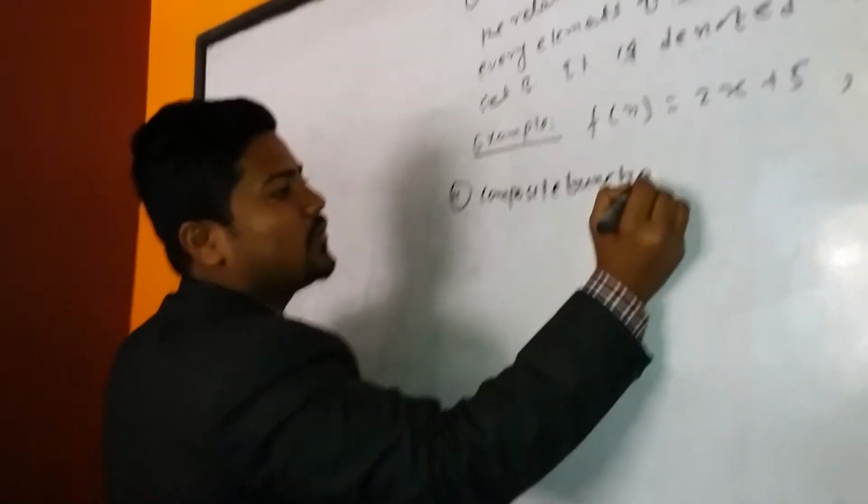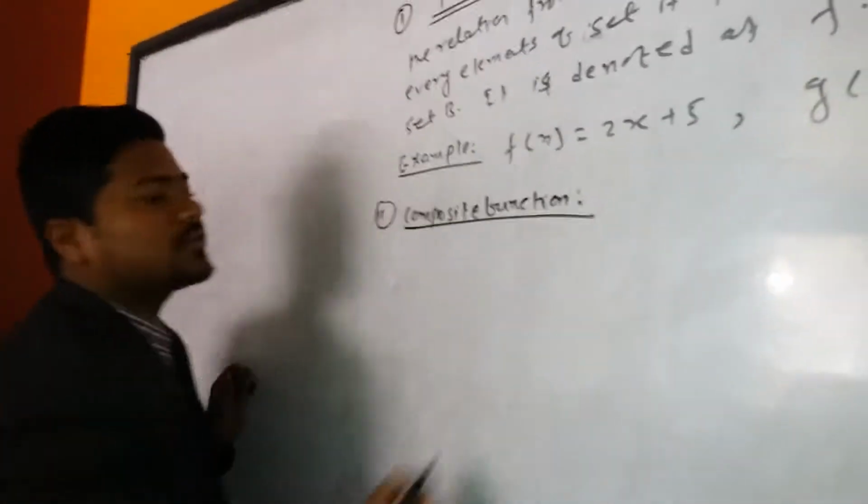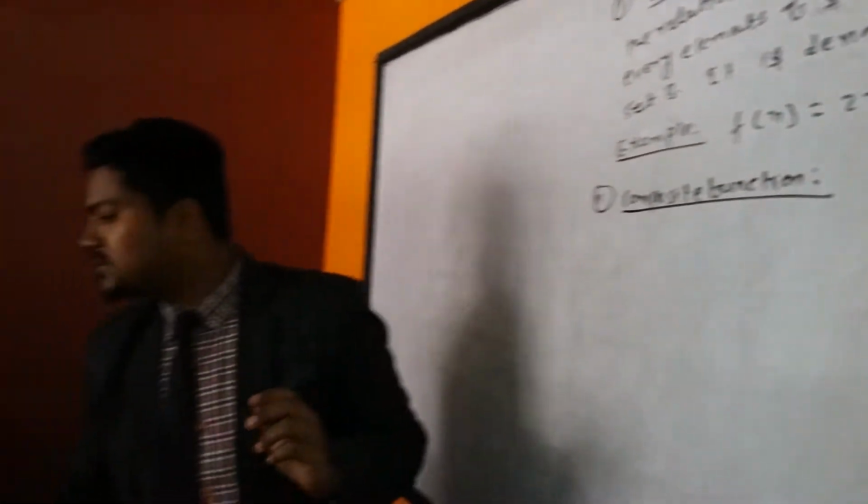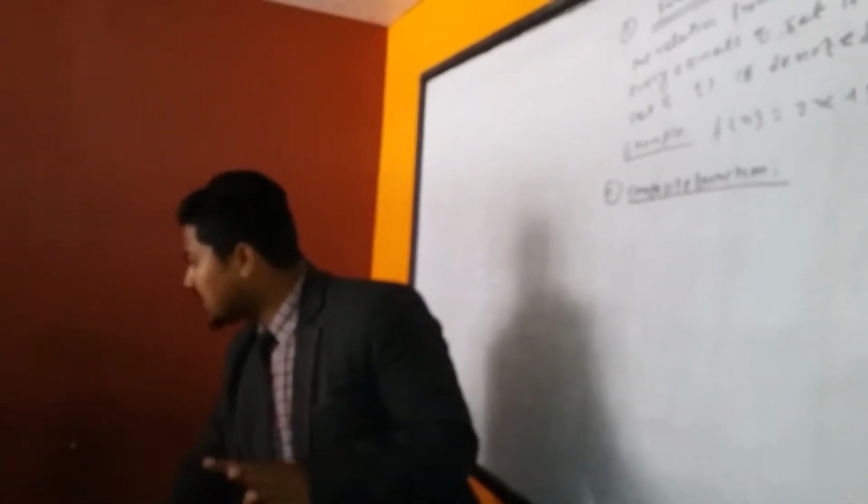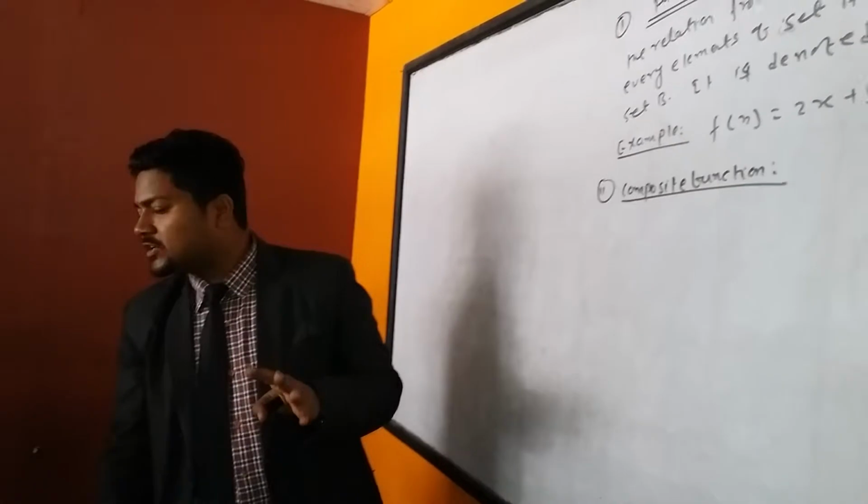From the word, it is clear that composite function means there are two functions. Understood? Here two functions are said to be composite.